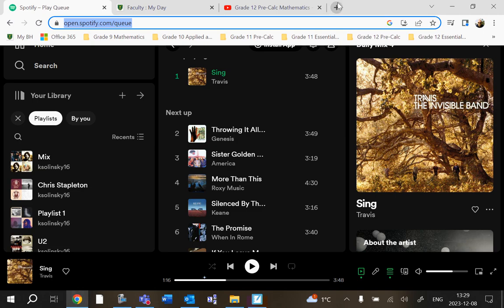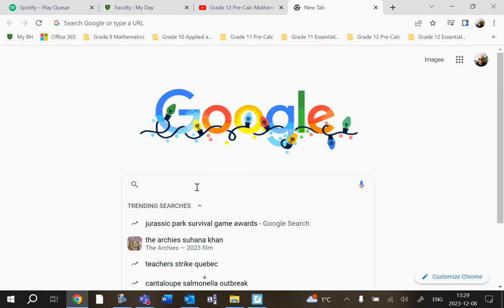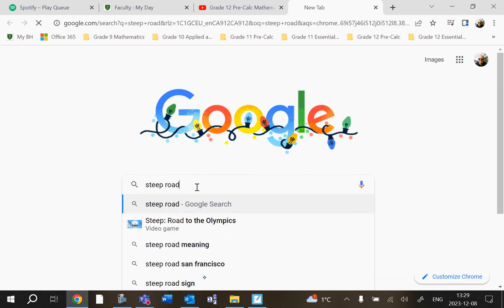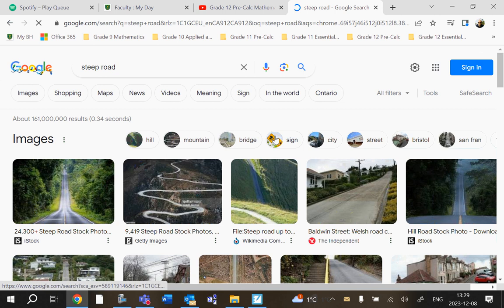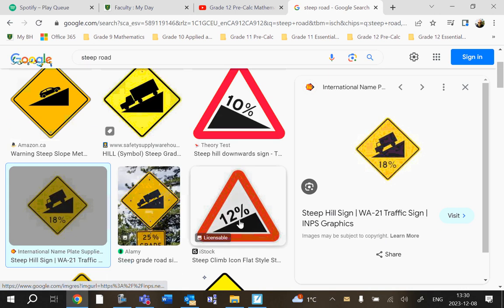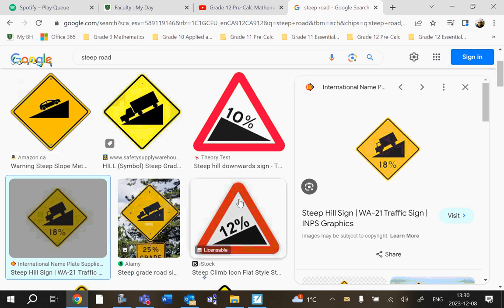Anybody ever seen a sign like this on the highway? No. Never? Okay. Well, you'll see a sign like that when the road is going to drop significantly or rise significantly.